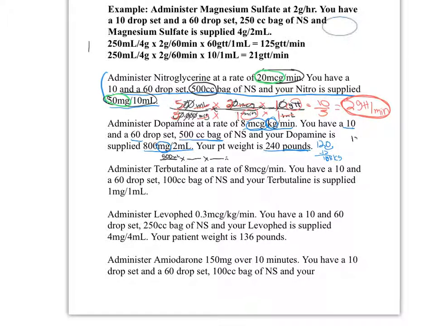I know that I have 108 kilograms, and I want to administer that 8 micrograms per kilogram. So I'm taking 108 times 8. 108 times 8 is going to give me 864. Let me just check to make sure I did that right. 108 times 8, okay, 864.